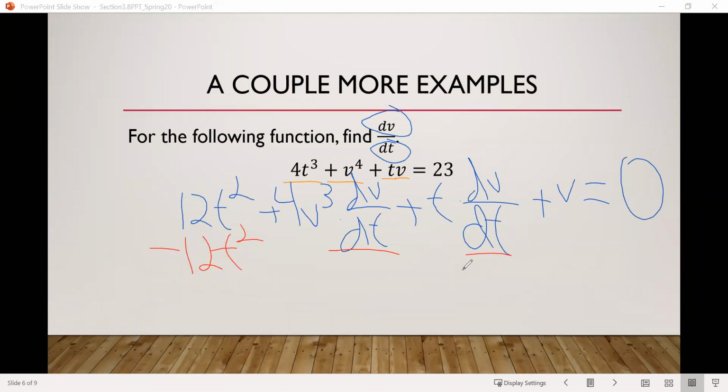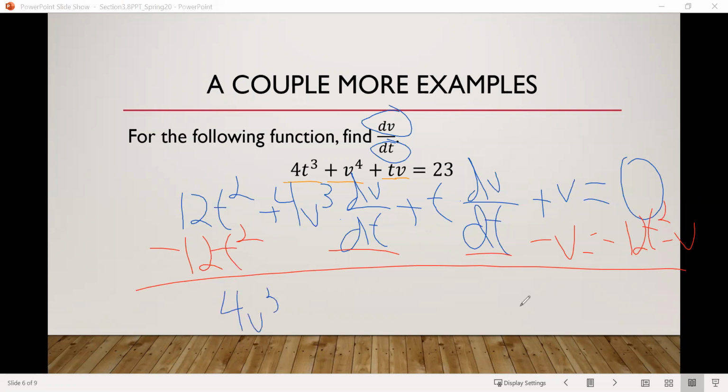So we'll subtract 12t squared, subtract v, and do the same thing on the other side. And so when we do that, we end up with 4v cubed times dv dt plus t times dv dt equals negative 12t squared minus v.